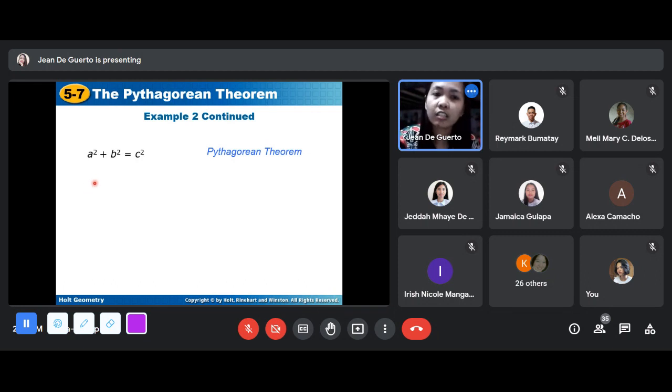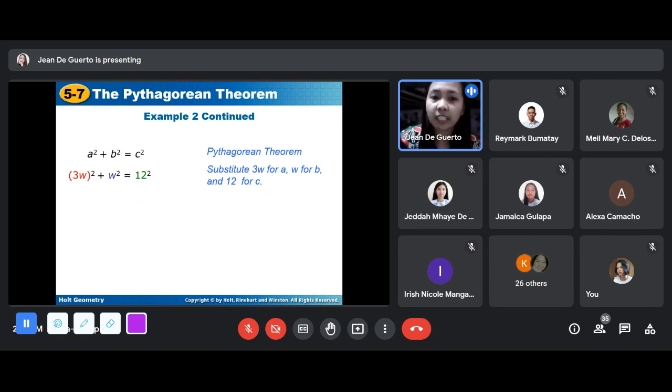So, you can substitute W doon sa A square, or you can also have it as 3W. Okay? So, in this case, 3W is for A, W is for B, and 12 for C. So, therefore, we have square of 3W plus W square is equal to 12 square.